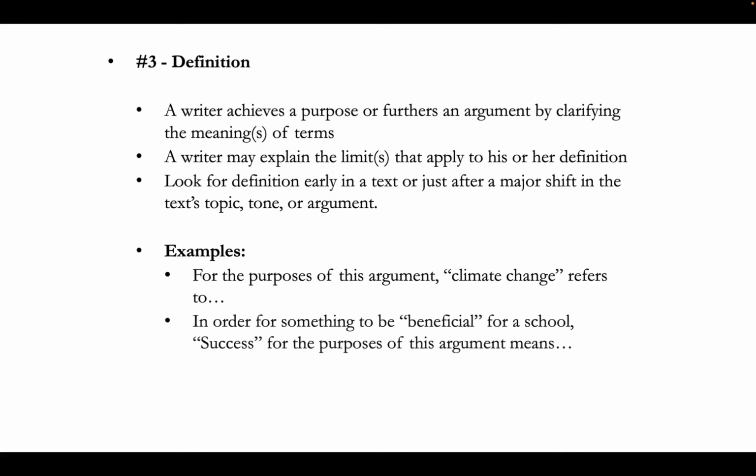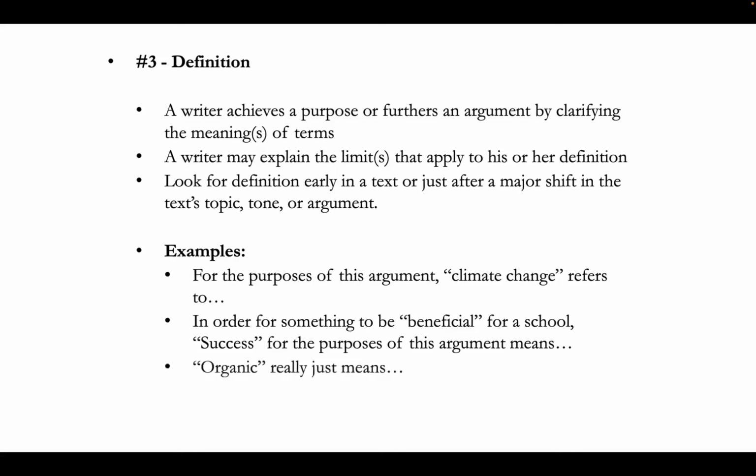In order for something to be beneficial for a school, or success for the purposes of this argument means, right, this is actually two examples. You would have to define what beneficial is, or you would have to define what success is given the context, which in this case is a school.